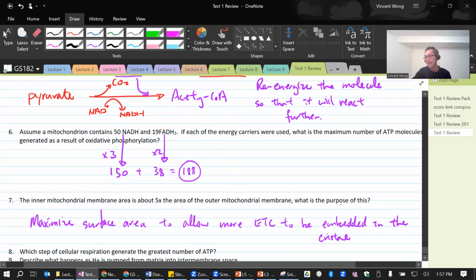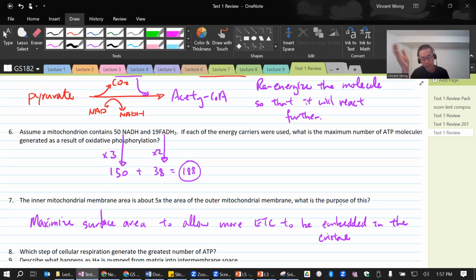The more ETC you can pack in the cristae, the more electrons can be accepted from the carriers, and then the more H+ you can pump from the matrix to the intermembrane space, and then the more ATP you can generate.